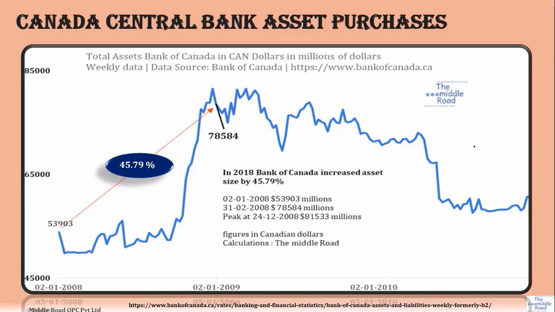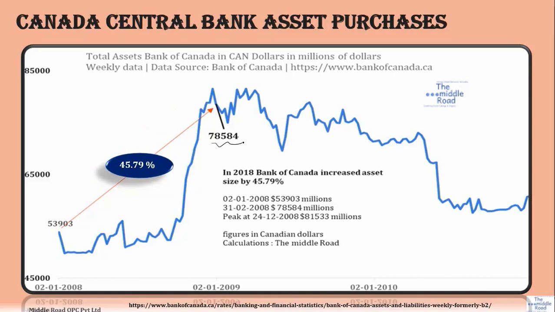So I looked at the total balance sheet asset size of Bank of Canada, basically the Central Bank of Canada. And if you look at the asset purchases over a period of time, you will see specifically when the major distress was, during the Great Recession, how much the purchase was during that time. So you see 40.79 has gone to the figure here, which I've given as 78584.